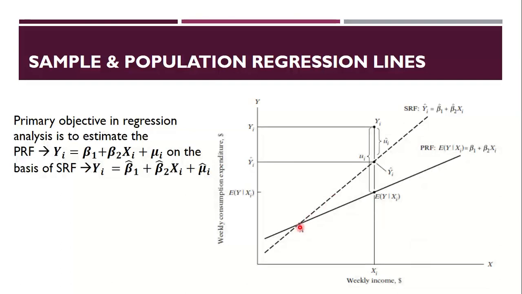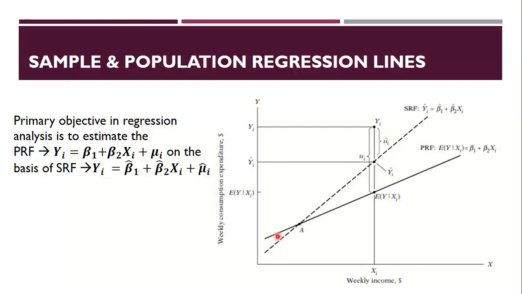And on the left hand side of point A, the sample regression function is below the population regression function, so it underestimates the true population regression function.